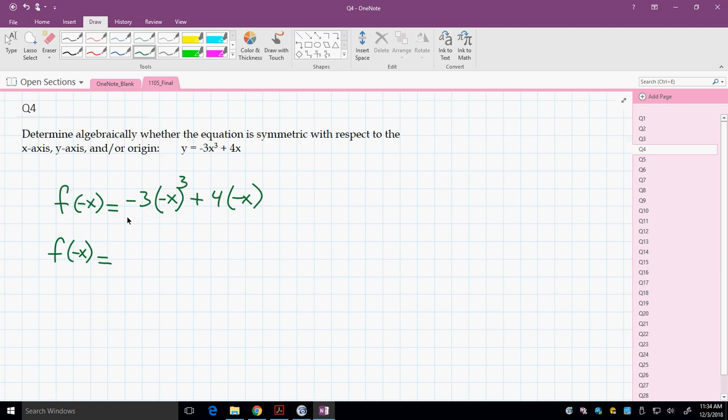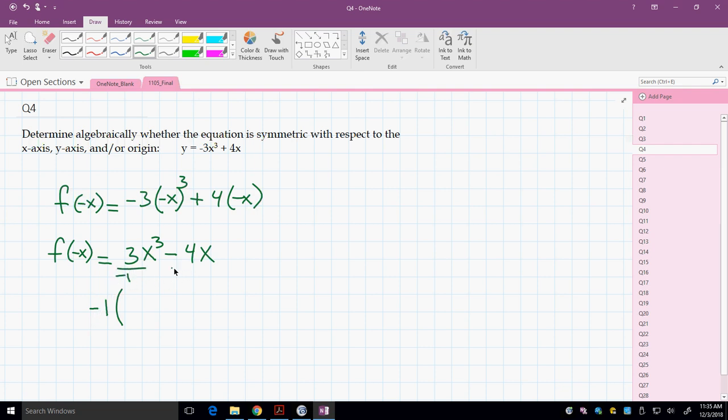So negative x cubed times negative 3 gives me a positive 3x cubed. And then I'm going to have plus 4 times negative x. A positive and a negative give me a negative, so negative 4x. After solving, we can notice that our function didn't go back to the original one. In order to get back the original one, we need to pull out a negative 1.